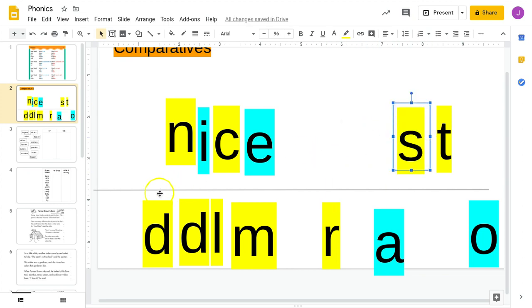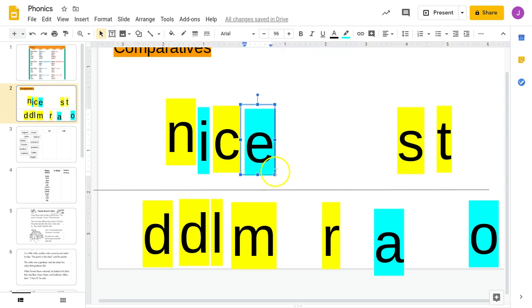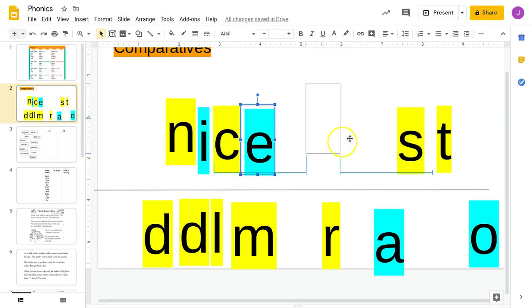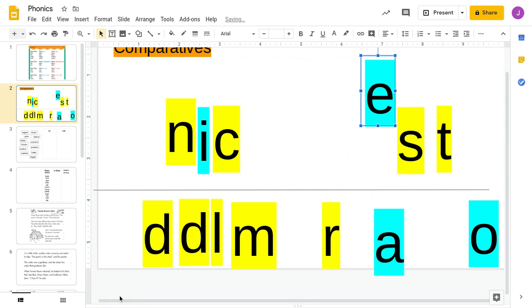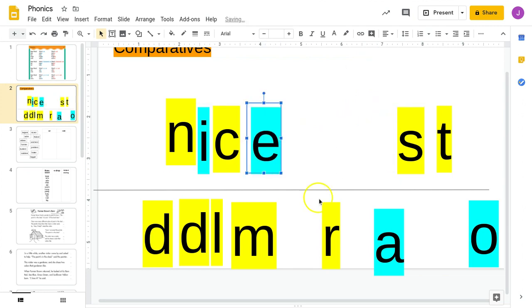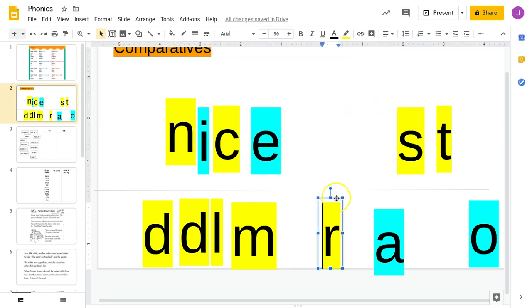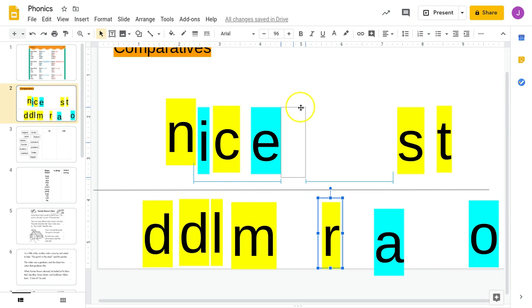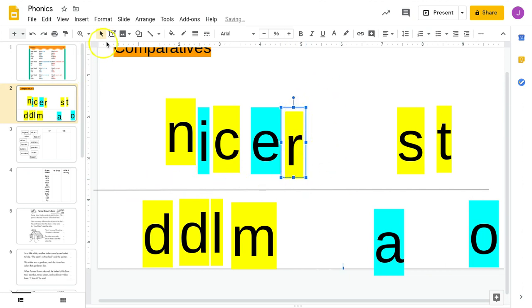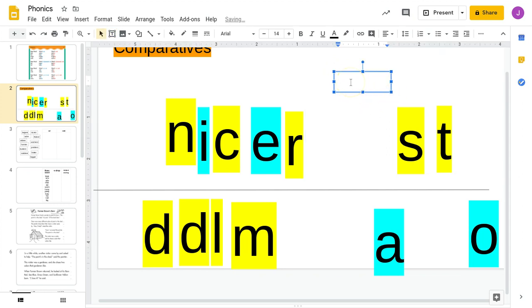Nicer. Now, my base word is nice, but remember if it ends with an E, you need to drop the E. So get rid of your original E, and then you can add the ER. I'm going to add another text box that is ER.